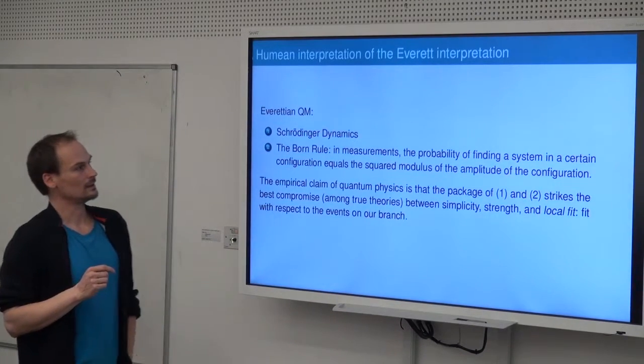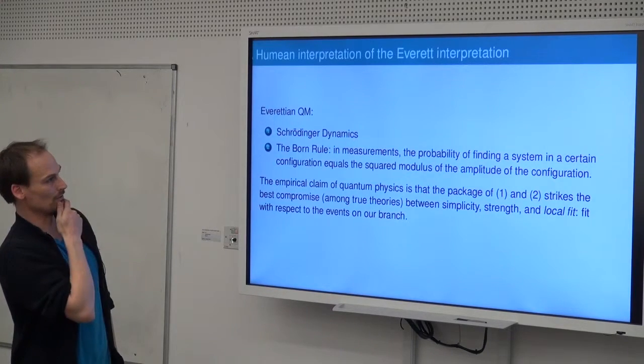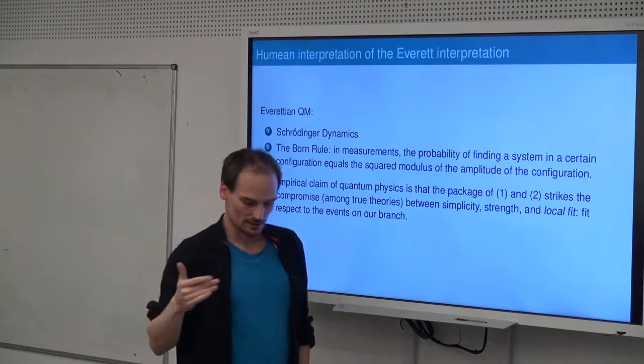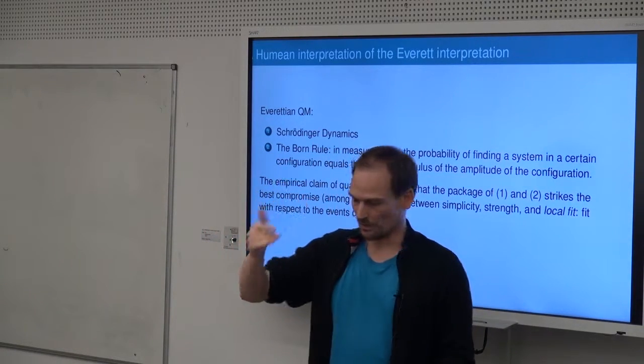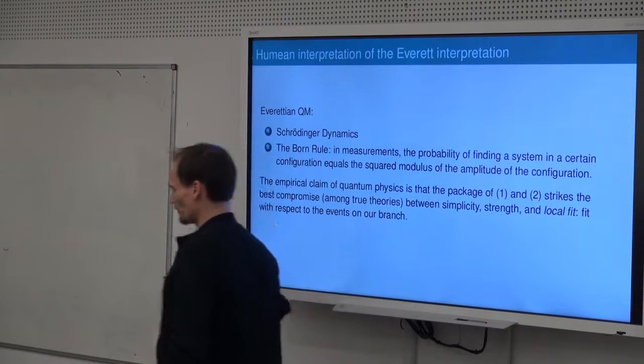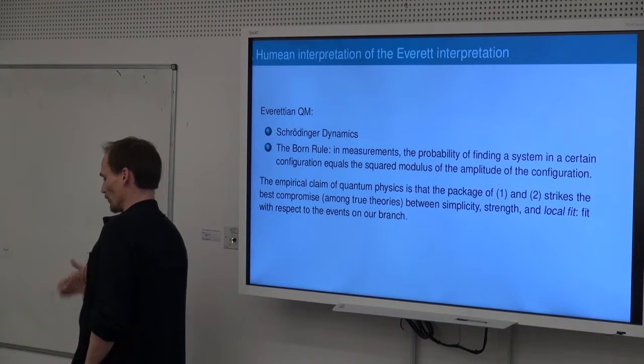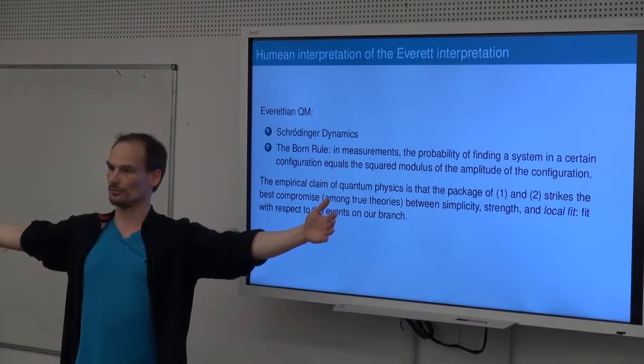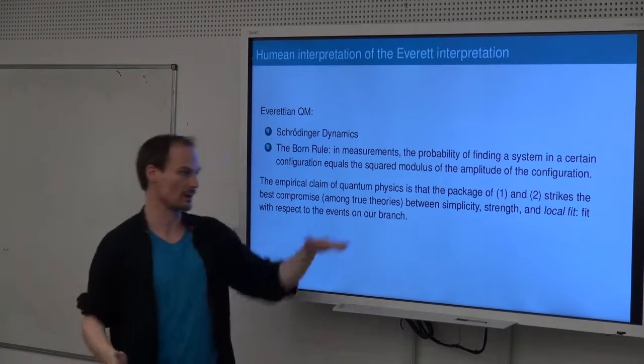So we try, again, the best systems type account. Now the idea roughly is that the probabilities you find in Everettian quantum physics together with the Schrödinger dynamics give you the best systematization, not of the whole branching structure, but of our branch. We're just on one of these branches. We're not everywhere.